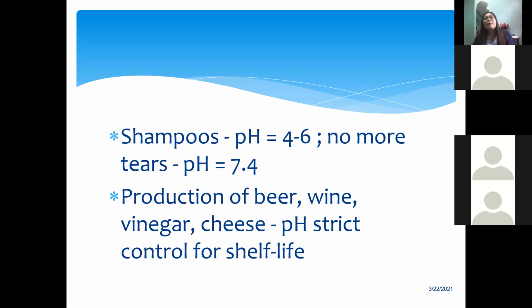So with babies, if you look at baby shampoos, they say no more tears formula. Their shampoo is made with the same pH as their eyes, so it's between 7.35 to 7.45. When the baby is bathed, even if the shampoo gets in their eyes, it is not painful for them. That's because of the pH.